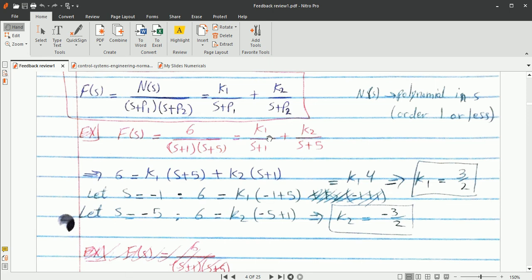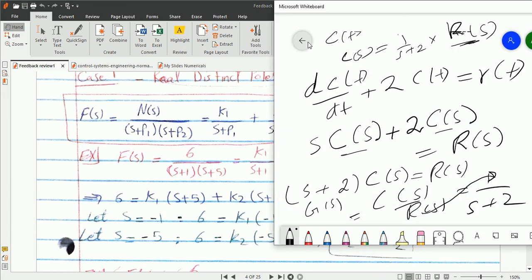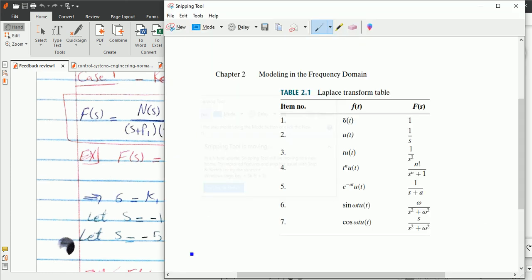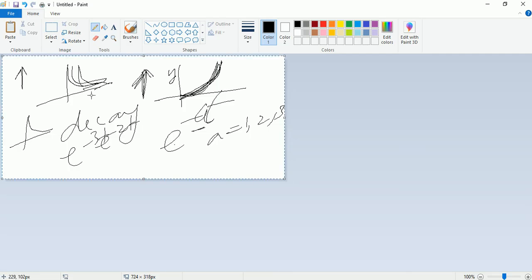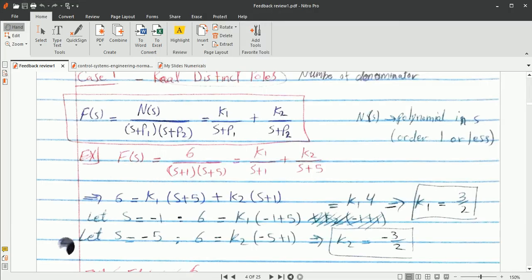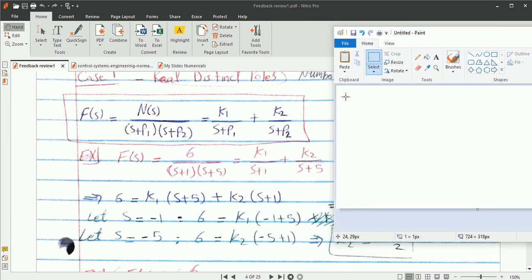Now take its inverse Laplace. Now you have to tell me what the inverse Laplace will be.